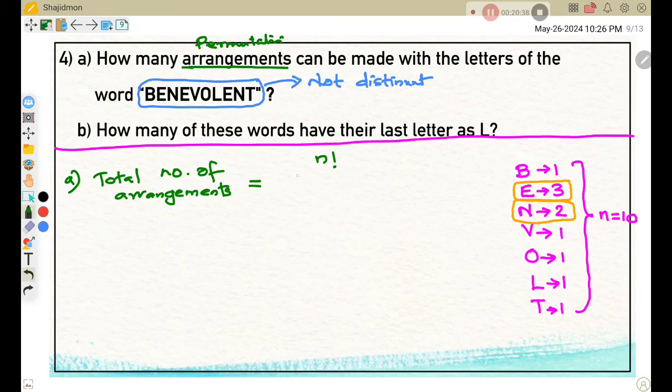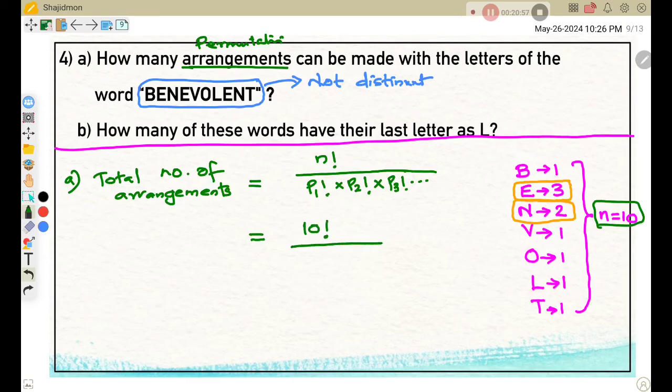N factorial divided by P1 factorial multiply P2 factorial multiply P3 factorial, like that it continues, correct? Here n means 10, we have 10 letters, so 10 factorial divided by P1, the first letter, how many times it is coming, P2 second letter, third letter, that is how many times each letter is coming.